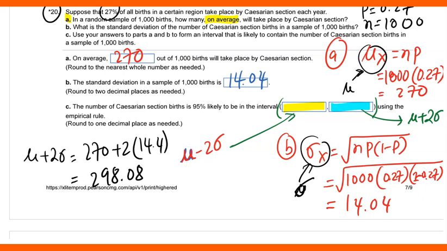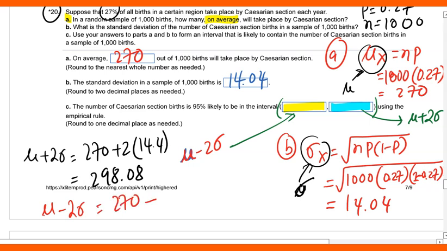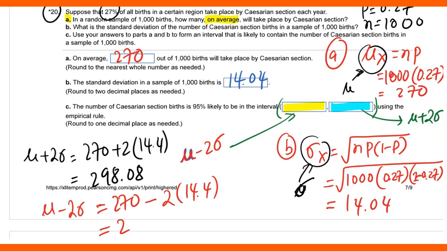And mu minus 2 sigma equals 270 minus 2 times 14.04, which gives you 241.92. Now this is the upper bound and this is the lower bound.